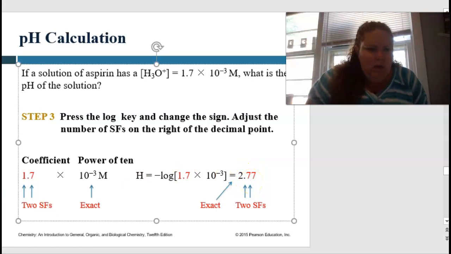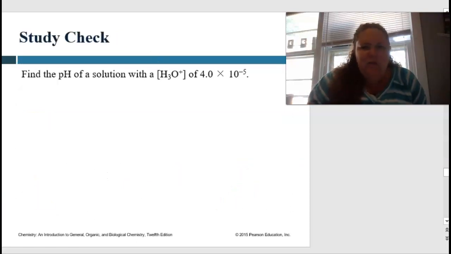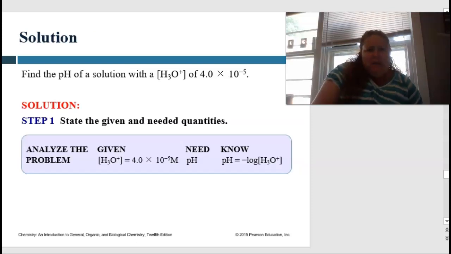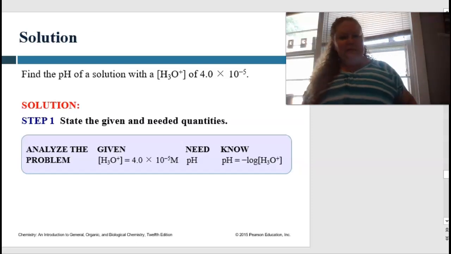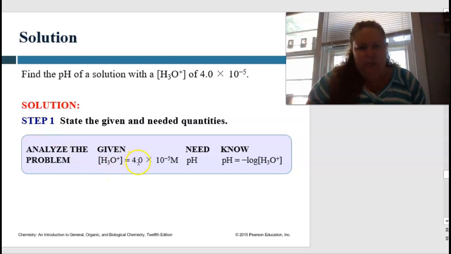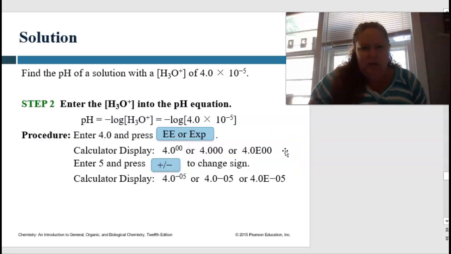Okay? Right, so let's try this. Find the pH of a solution with H3O+ of 4 times 10 to the minus 5. Okay, so pause me and come back, or you can walk through it with me. Either way. Step 1, we're going to state the given and needed quantities. We were given the H3O+ concentration, and we need the pH, and we know the formula. So let's enter that H3O+ into the pH equation.